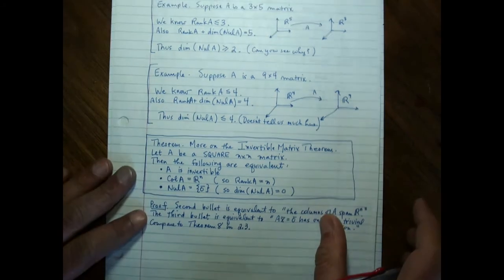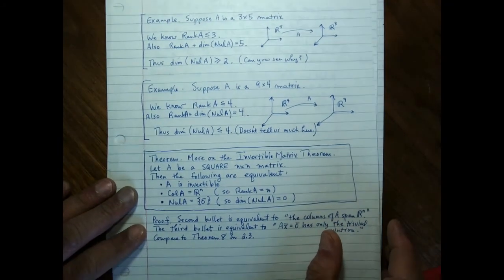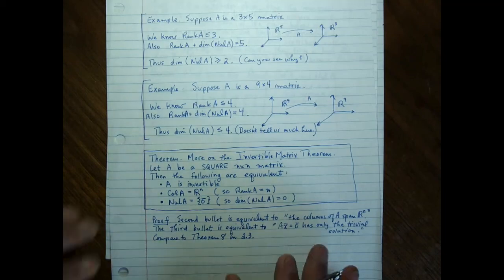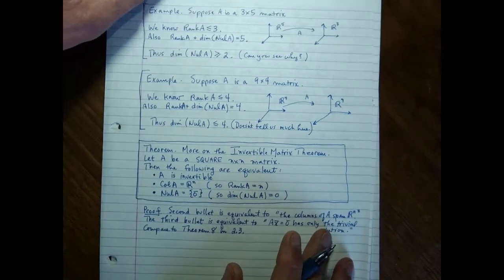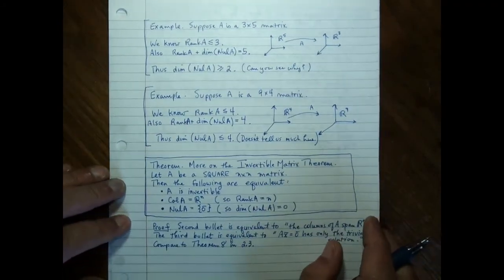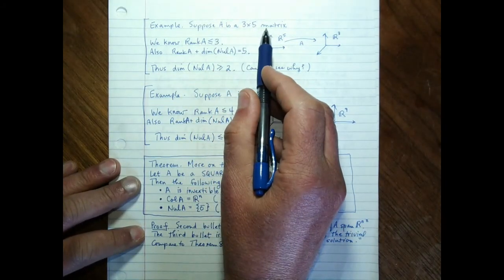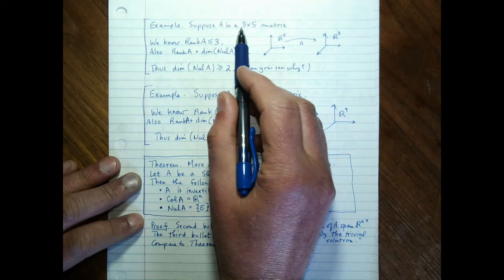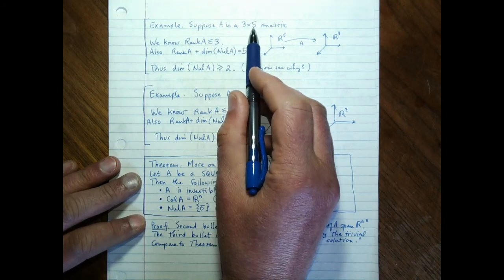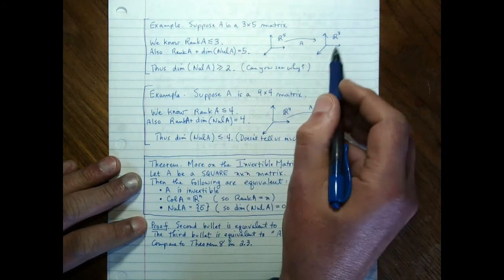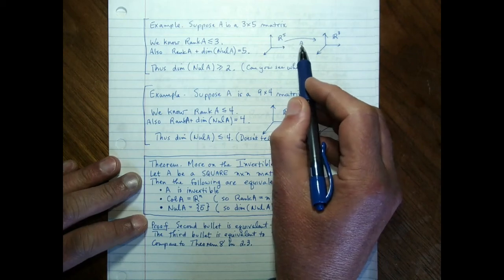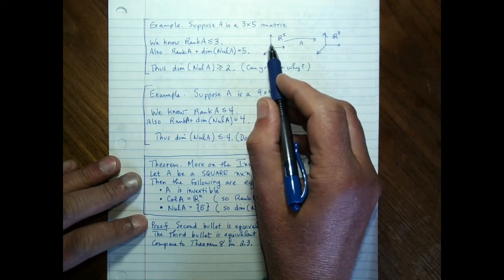So let's explore that now in a couple examples. I think these examples are really, really helpful for you guys now. Suppose A is a 3 by 5 matrix. So 3 rows, 5 columns. But the picture you want to have in your mind is A defines a linear transformation from R^5 to R^3.